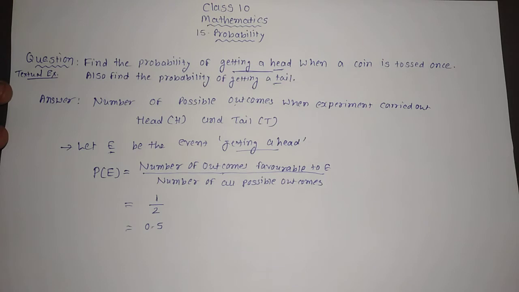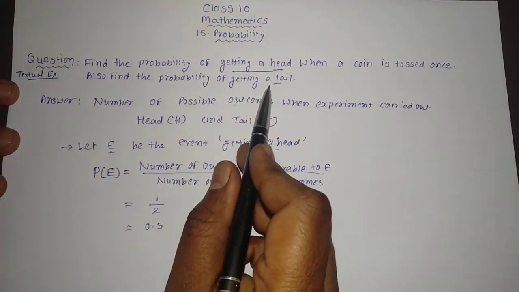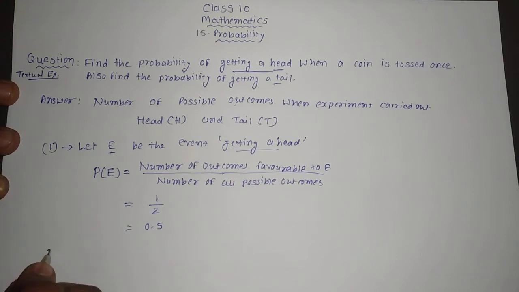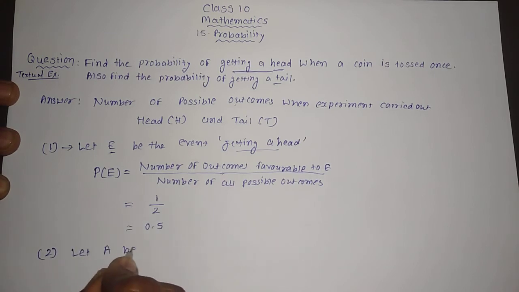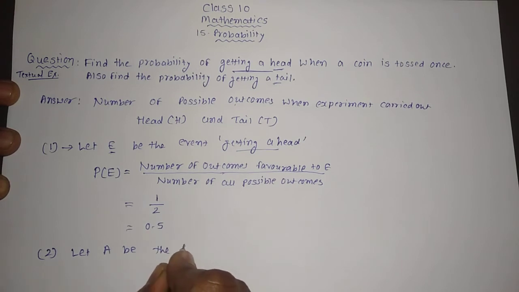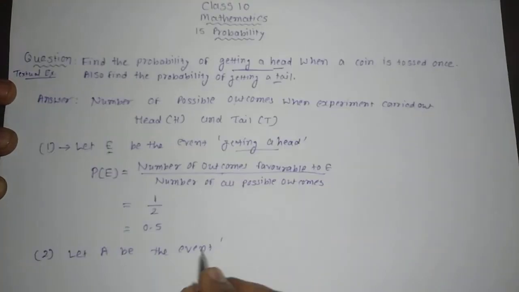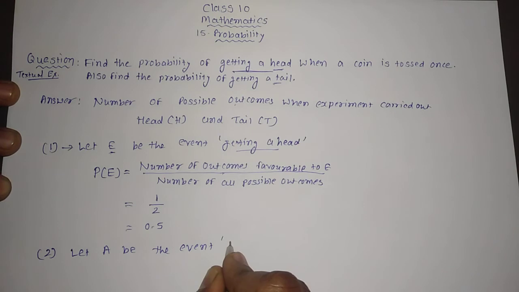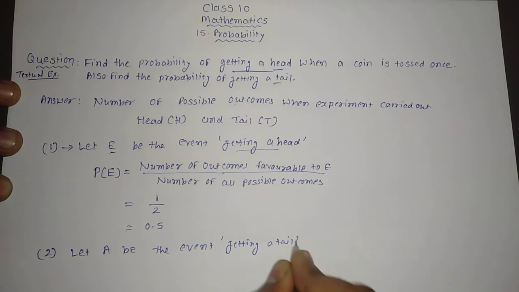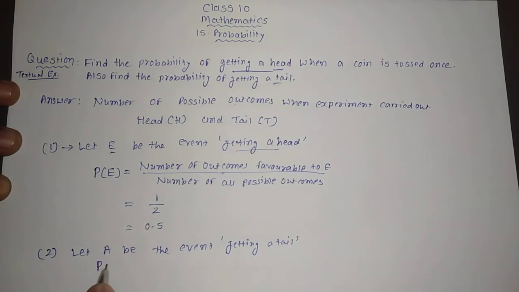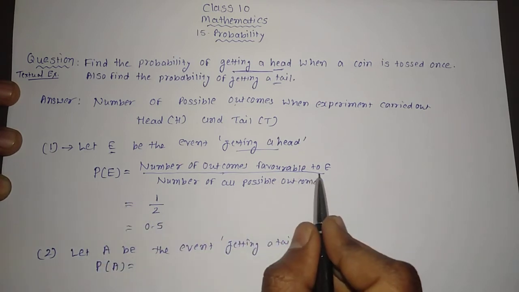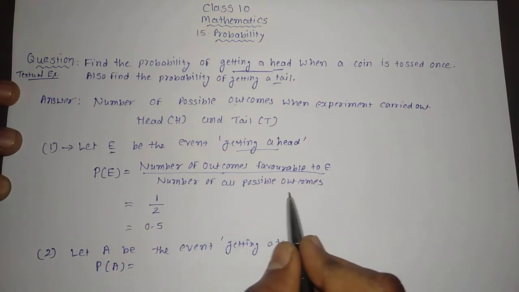Similarly, what is the second thing that we have to find out? Also find the probability of getting a tail. This was number 1; now number 2, we have to find the probability of getting a tail. So I will write it the same way. Let A be the event of getting a tail. In a similar way, we write the formula: P(A) is equal to the number of outcomes favorable to event A divided by the number of all possible outcomes.